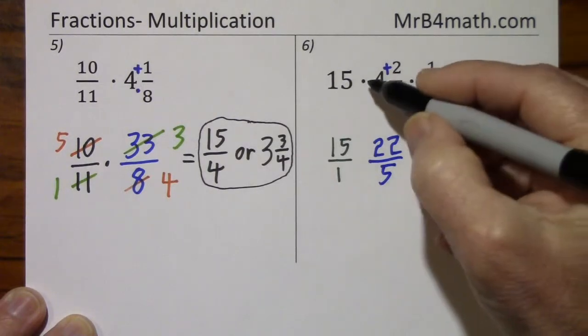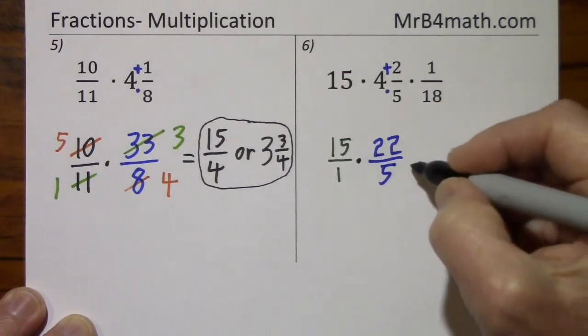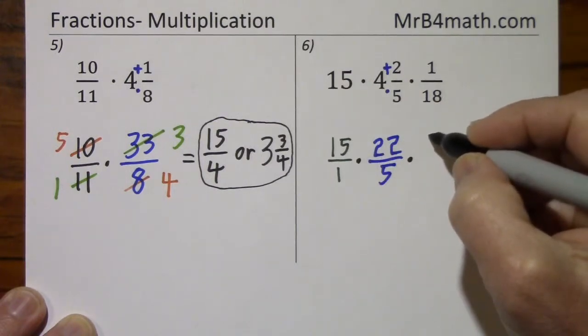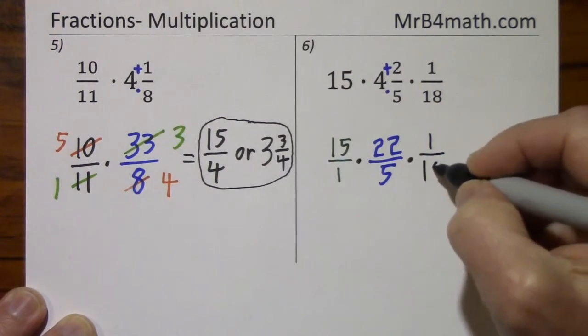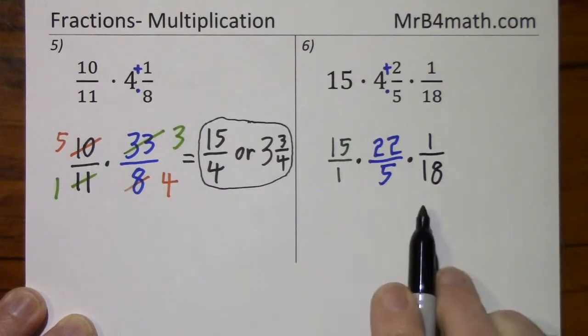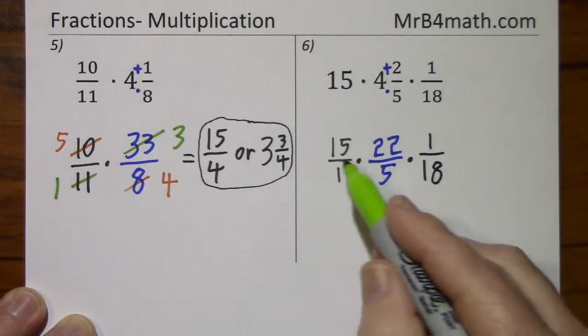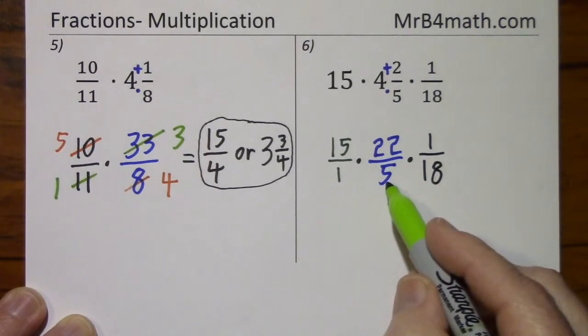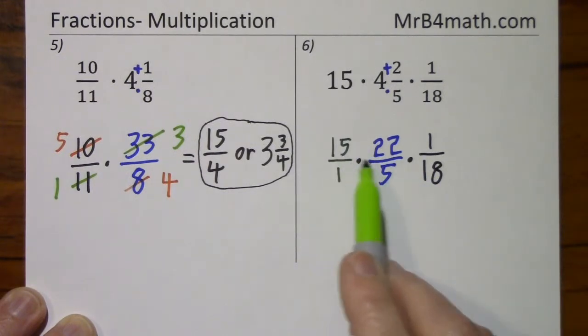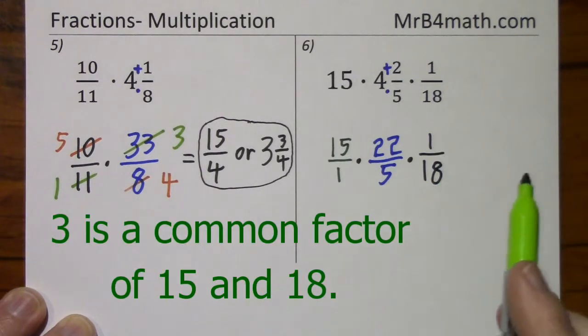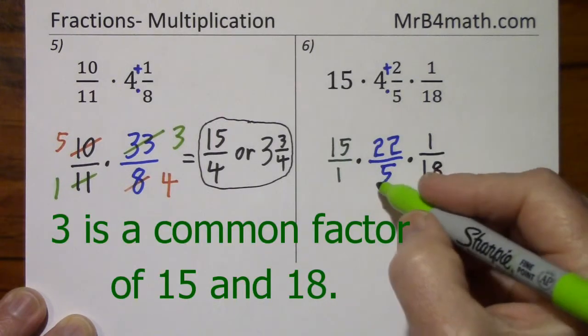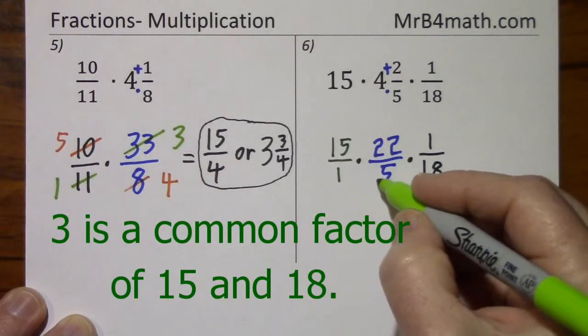And we'll bring everything else down, the multiplication, and 1/18. Now we have all fractions. We're ready to reduce. We have a common factor of 5. If you noticed, oh, there's a common factor of 3, that's fine. You can use that. You'll get to the same place. But I'm going to use the 5.